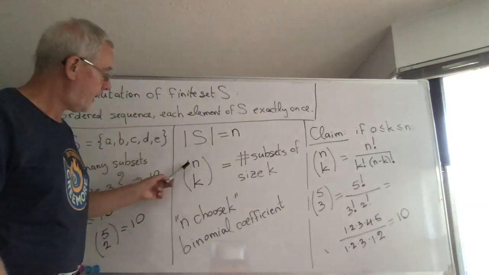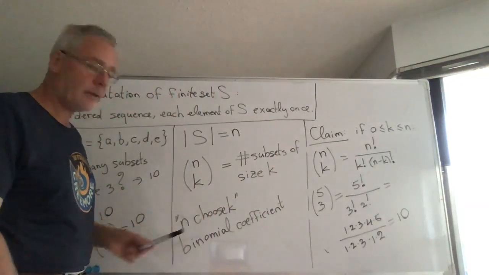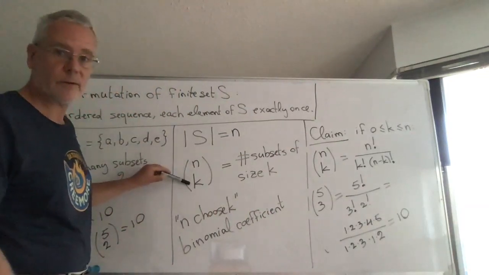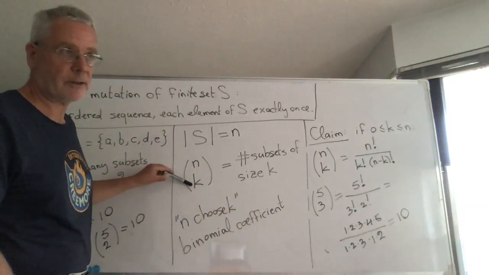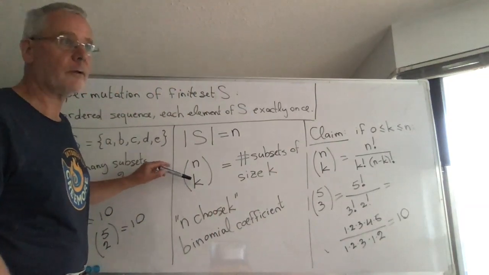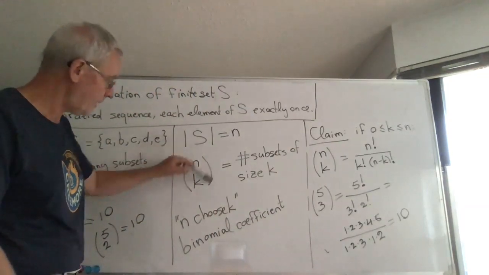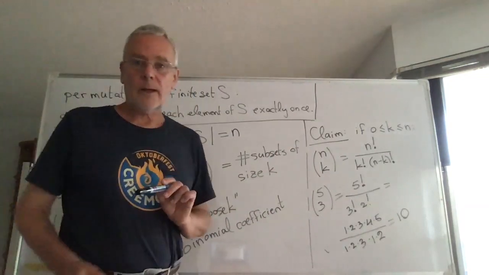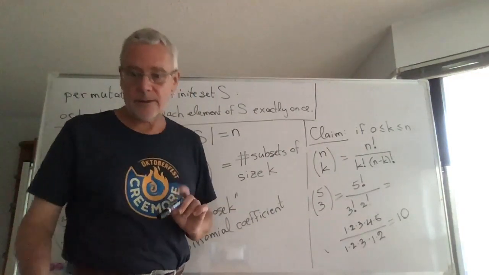This here, n choose k, is how you pronounce it: we have a set of this size, and we want to count subsets of this size, and the total number of subsets is equal to this number here. Thank you, and see you next time.